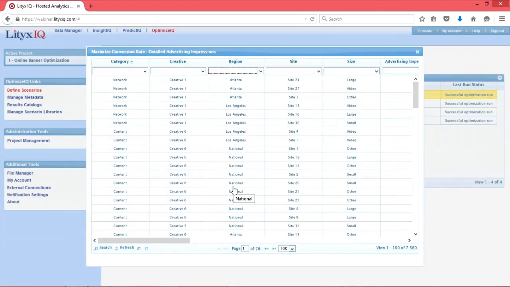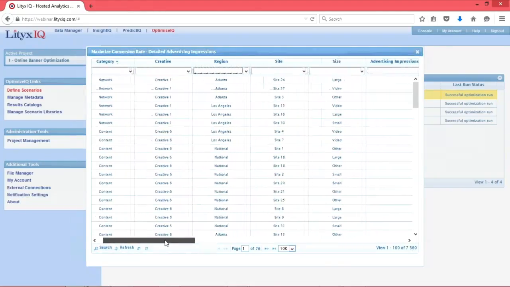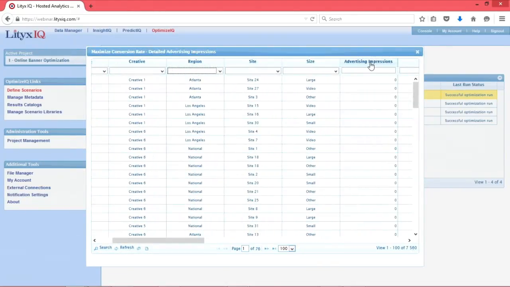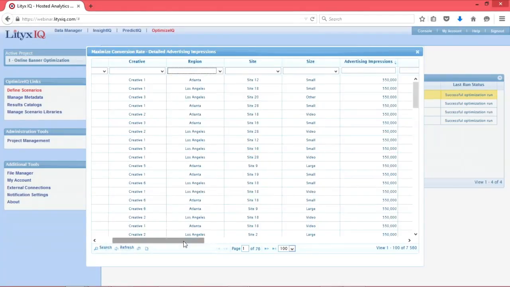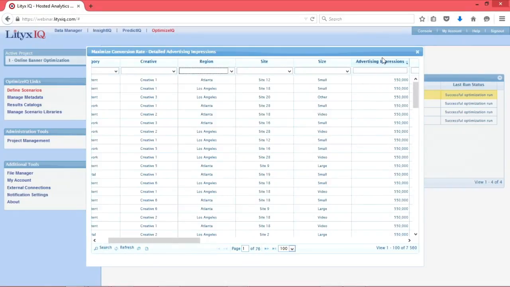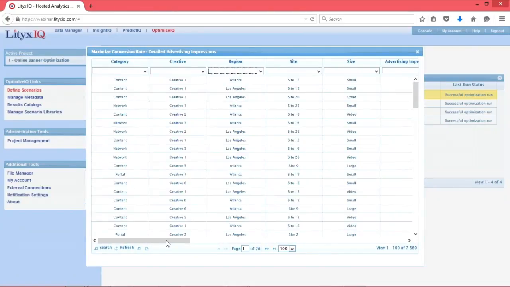Okay, so up to this point, we just looked at some high-level summaries and high-level metrics, and that's all good stuff to look at. But at the end of the day, we need a plan. And so the final result here that comes back to us is the actual media buying plan. If I look in here and sort this on advertising impressions, this is essentially the result for the decision variable, the number of impressions to buy at each combination of our various dimensions and their levels.